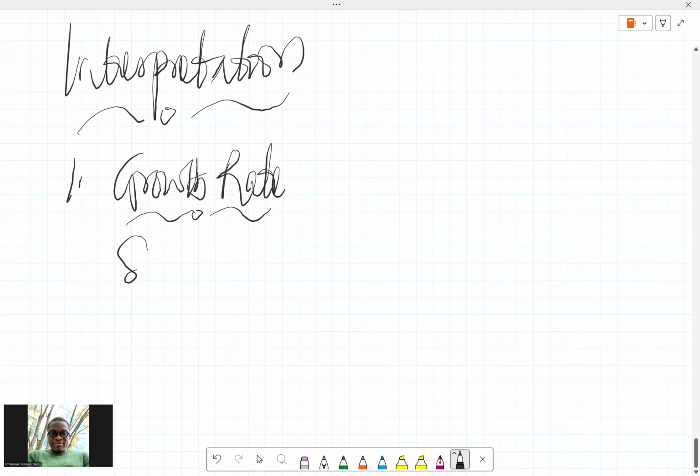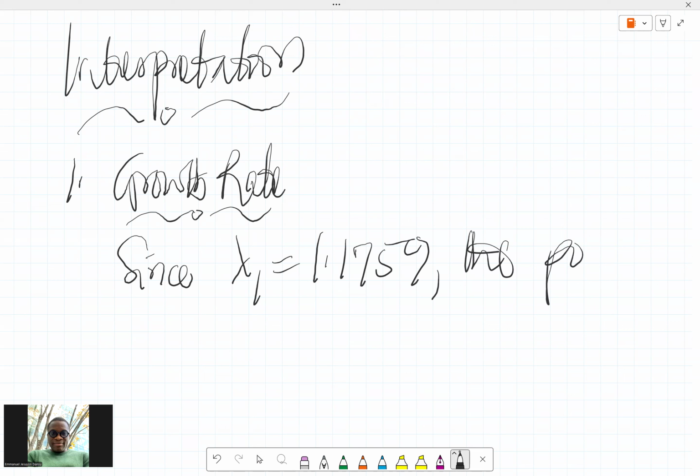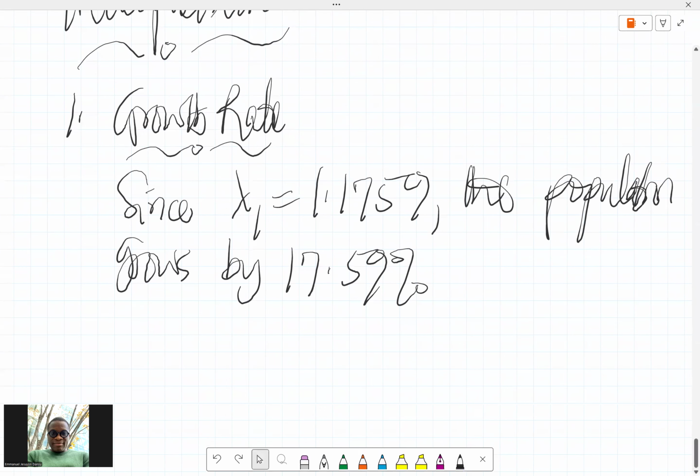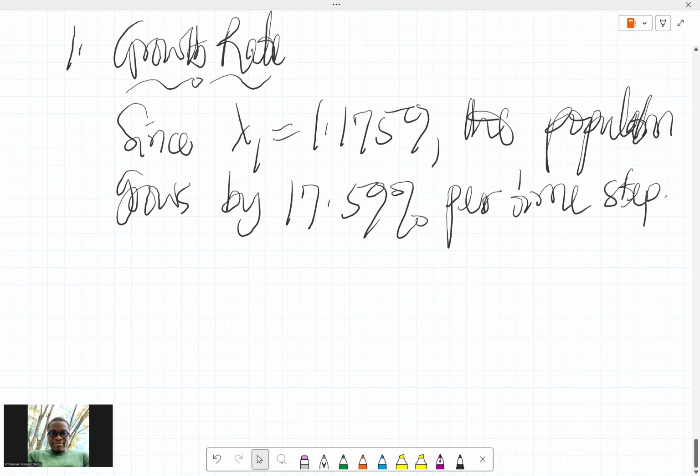Since the dominant eigenvalue λ1 is 1.1759, the population grows by 17.59%. So it means you have the population preserved and you have extra. The population grows by 17.59% per time step. So each year the population grows by 17.59%. That's the first part.